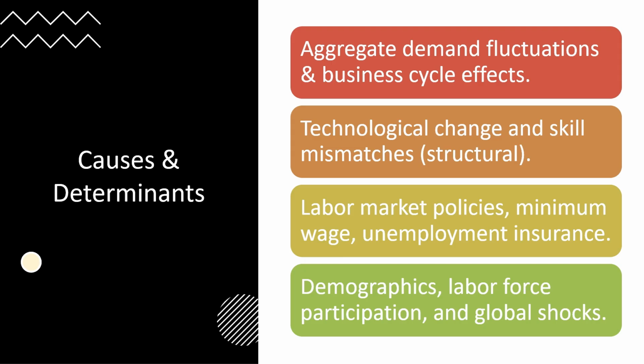Technological change and skill mismatches, that's also structural. As we improve our technology, there becomes a change in demand for skills. One of the biggest things right now is AI. I don't know if you've read about it in the Wall Street Journal or any other financial magazines.